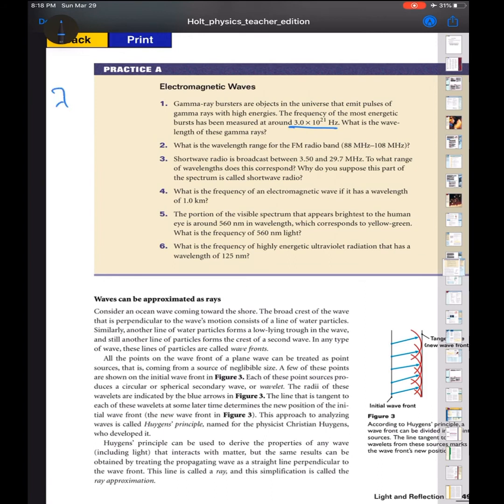You know that wavelength equal to C over F. Wavelength equal to C, which is 3 times 10 to the power 8, over 3 times 10 to the power 21, because that's the frequency. I know because it's written hertz and it tells me that it's the frequency. So the 3 with 3 cancel each other, so just one remains. 10 to the power 21 goes up, it will be negative 21.